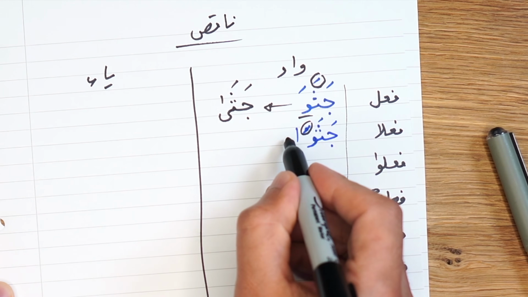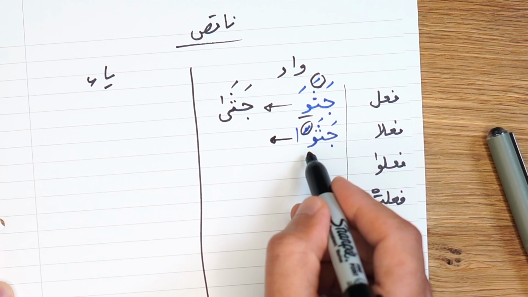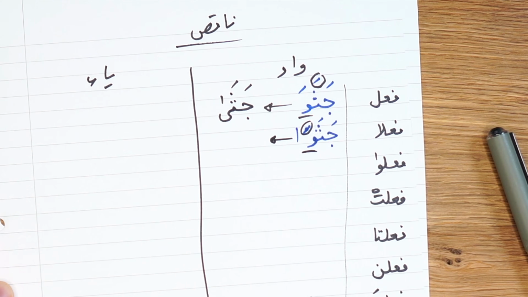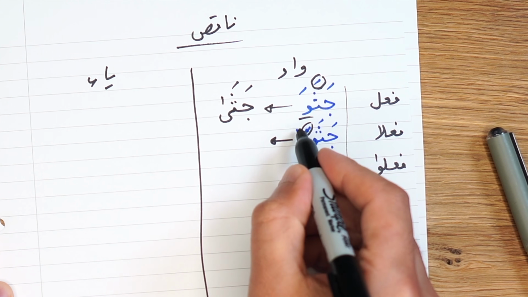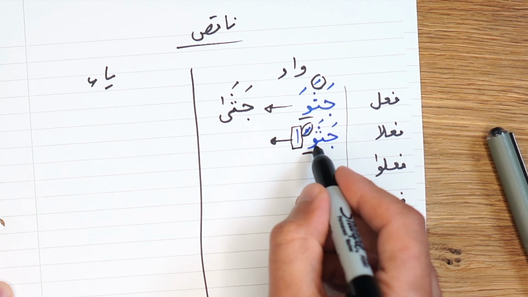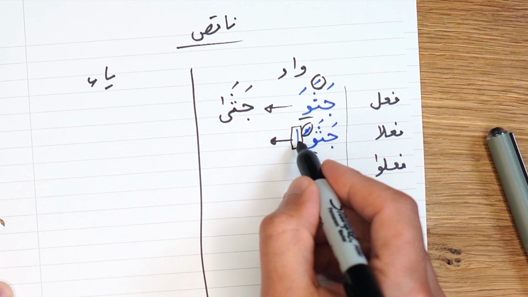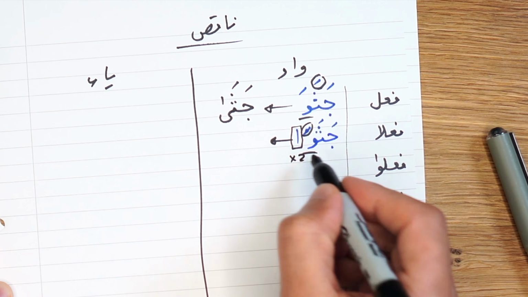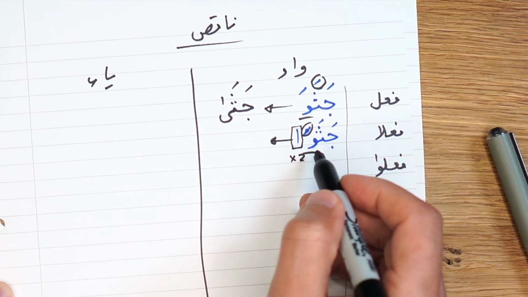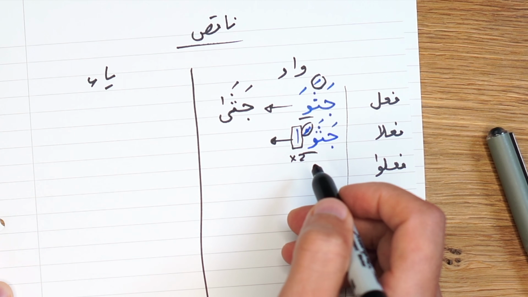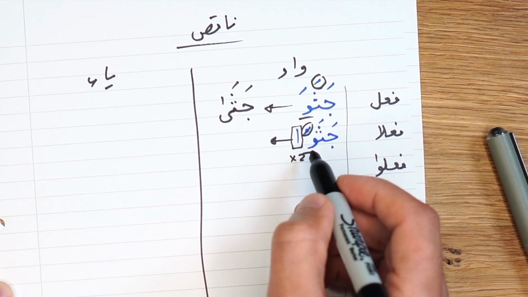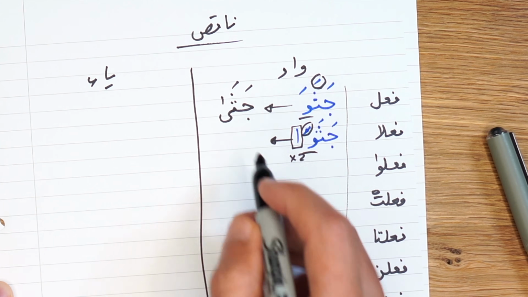But there's actually an exemption rule over here. The exemption rule basically is that you don't apply it if you get the waw before an alif of dual. So this is a dual alif.